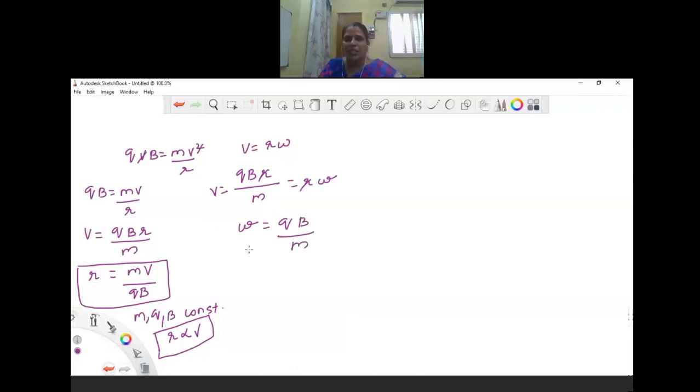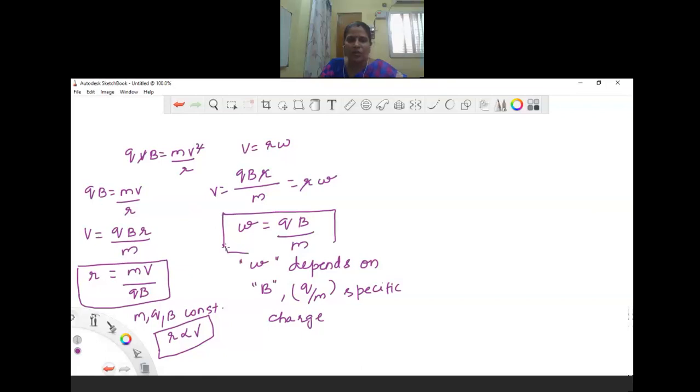So we can say that this angular velocity depends on the strength of the magnetic field B as well as q by m. This q by m is nothing but the charge to mass ratio, or specific charge. Again, this is very important.